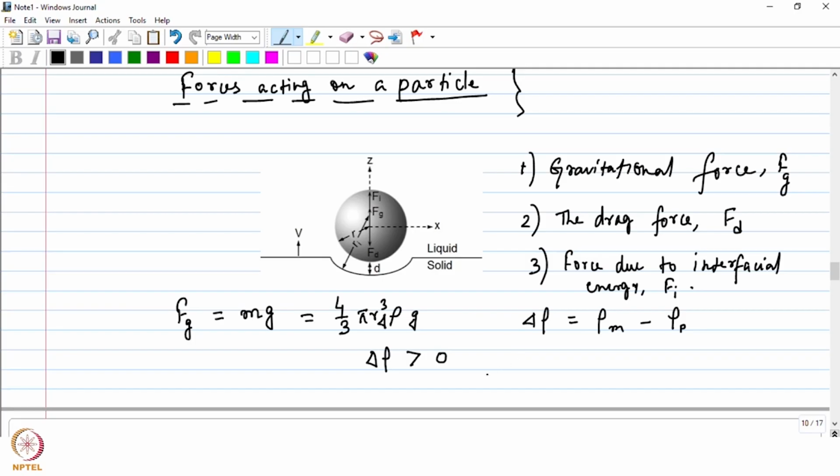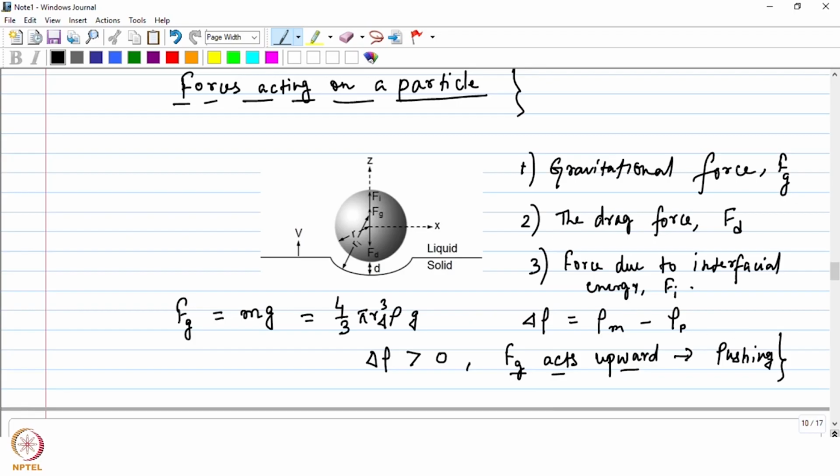Then Fg will act upward and will lead to pushing of the particles. Right? So this Fg acting upward is not good for uniform distribution of particles. This will rather lead to pushing or clustering of particles.